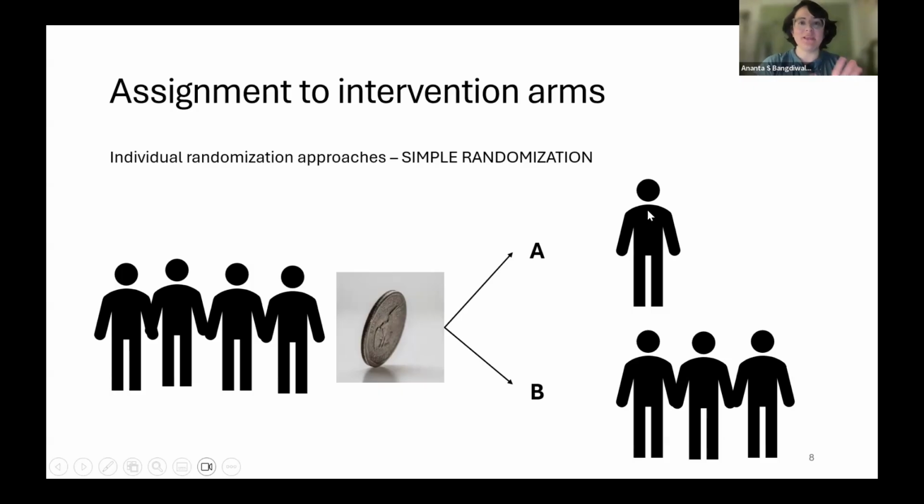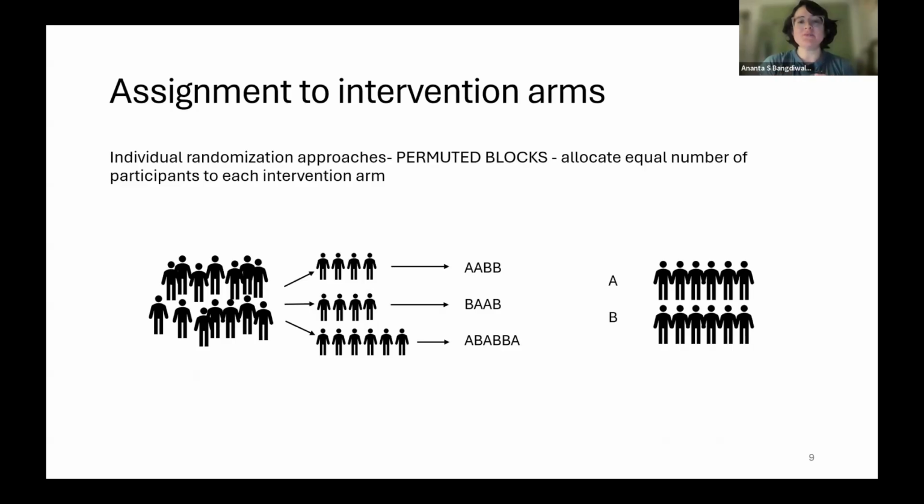So how can we handle that? How can we control the number of participants in each group while still actually randomizing? That's what we call permuted block, which allows us to allocate an equal number of participants to each intervention arm.